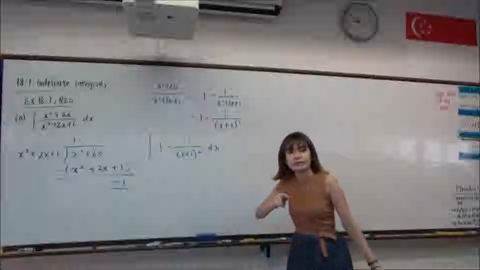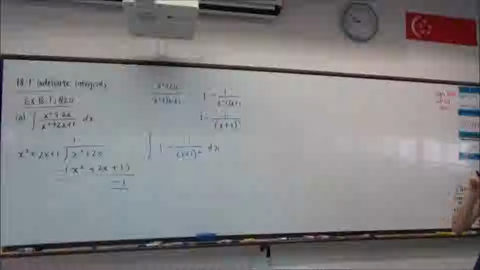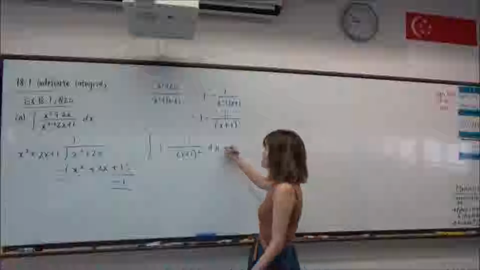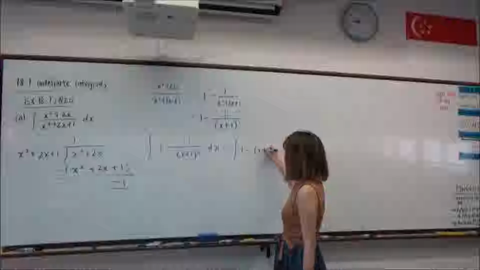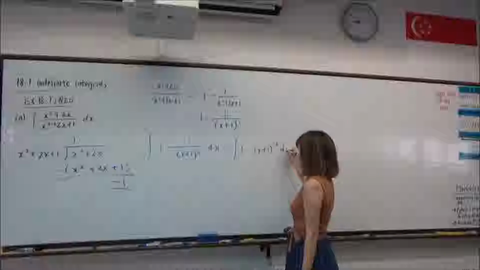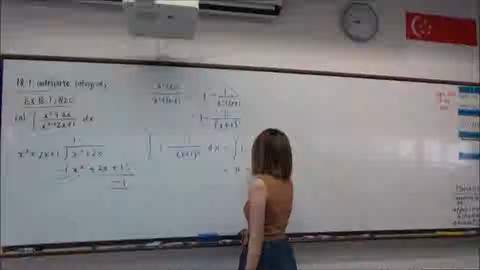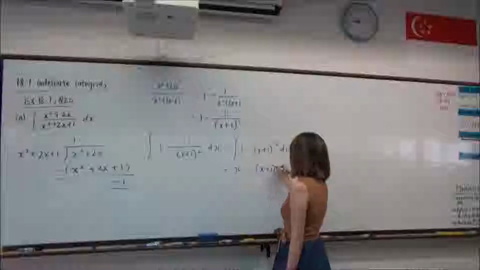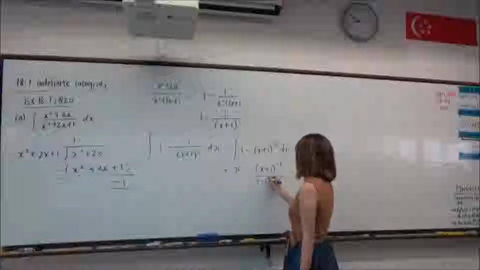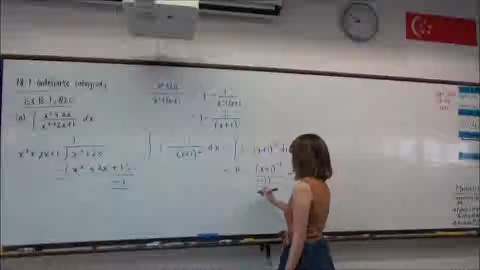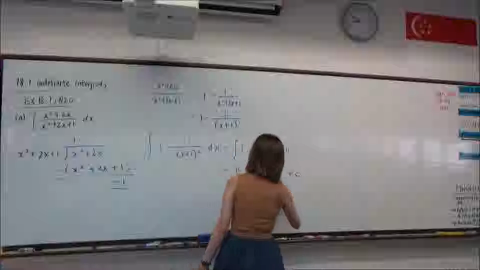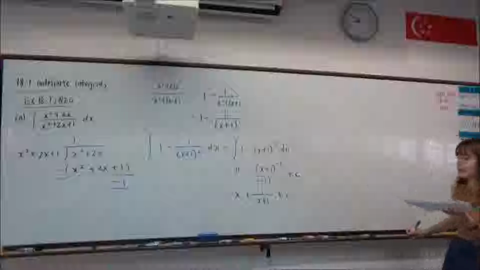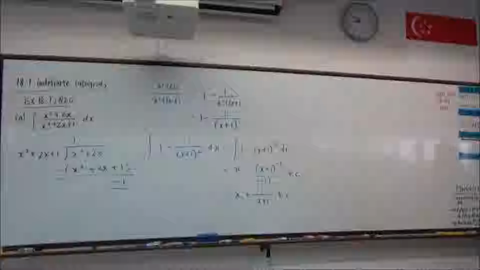Do we know how to integrate this? Yes. So let me write this as (x plus 1) to the power of negative 2. Then we will get x plus 1 over x plus 1 plus.